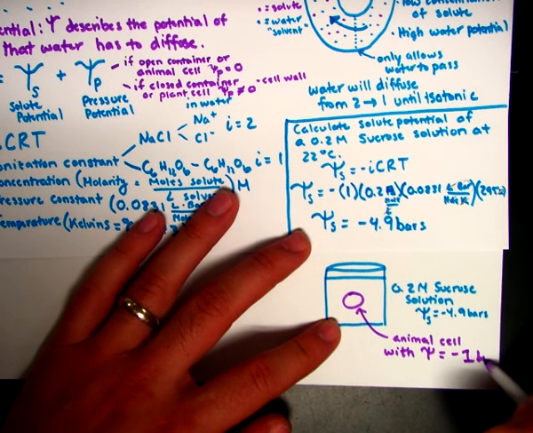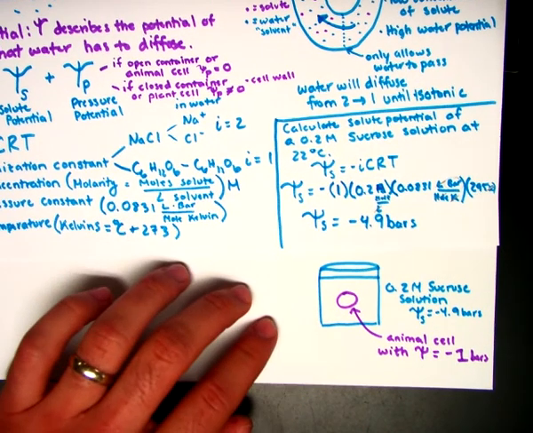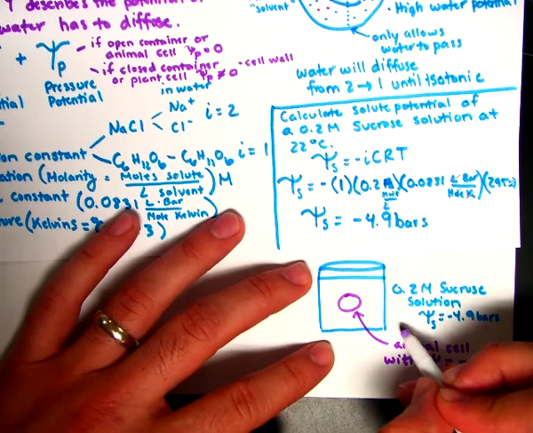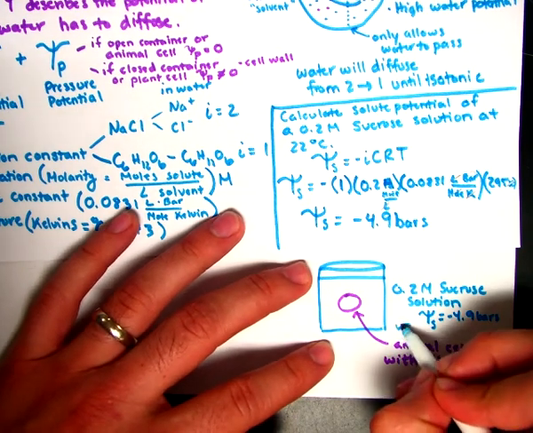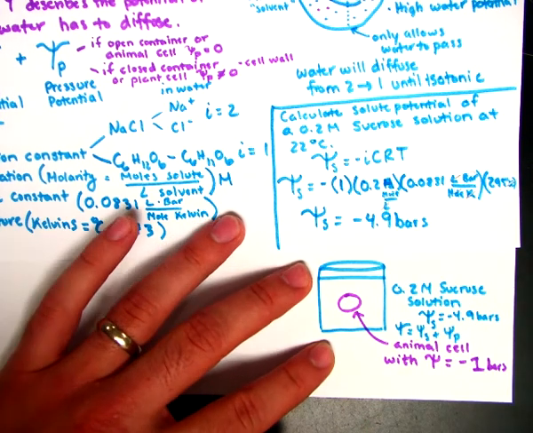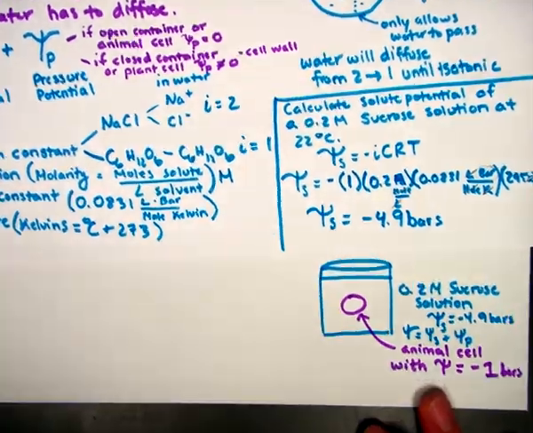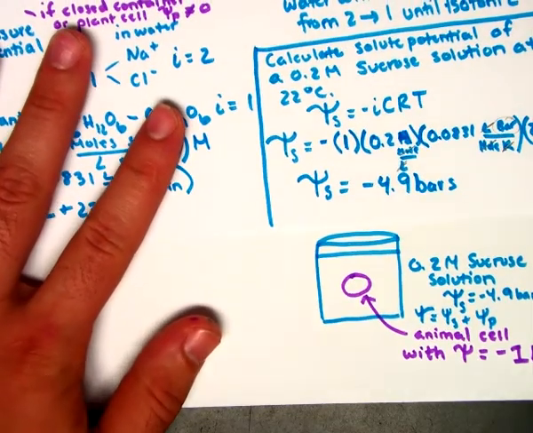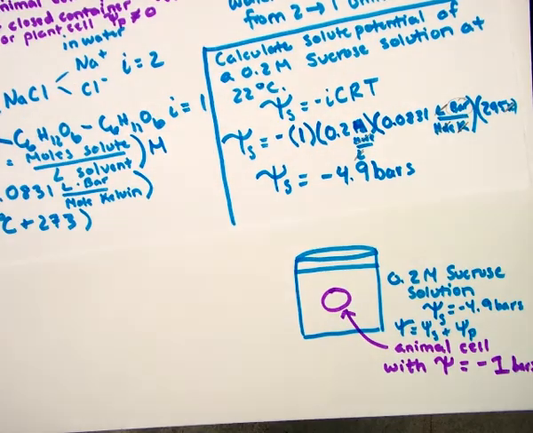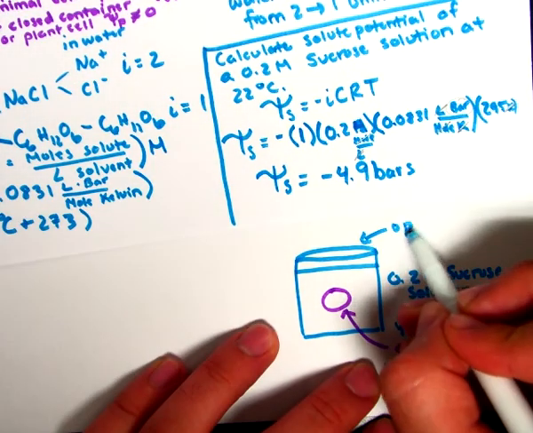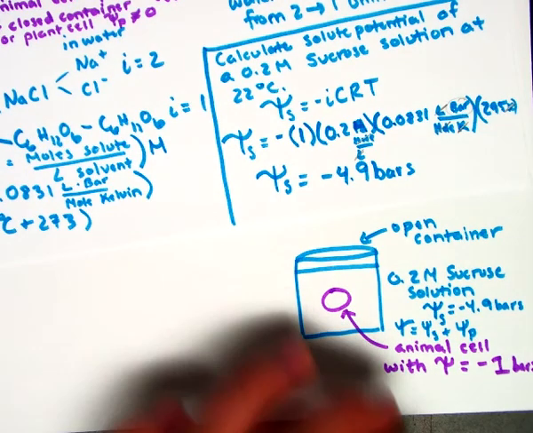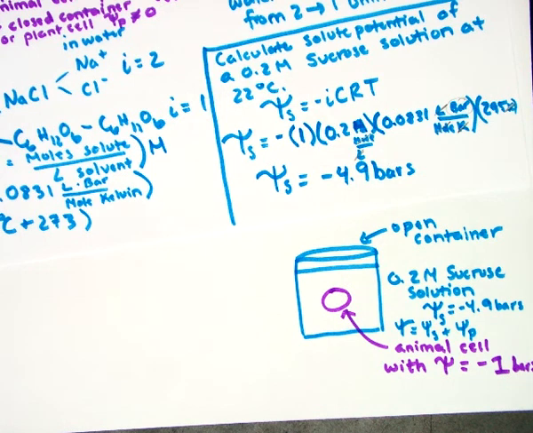Okay. So notice with the sucrose solution, we need to calculate the psi. Psi s is just one component. The other component is psi p. This is an open container. Psi p is going to equal what? 0.